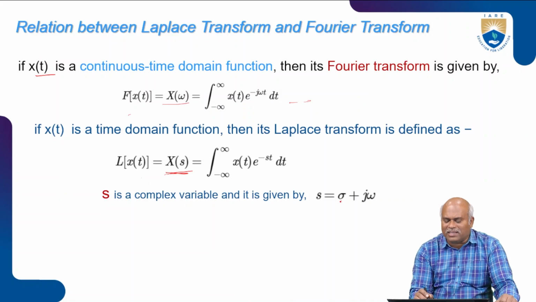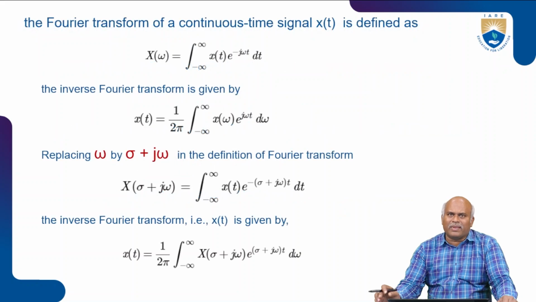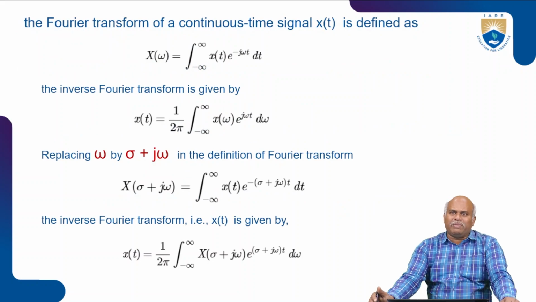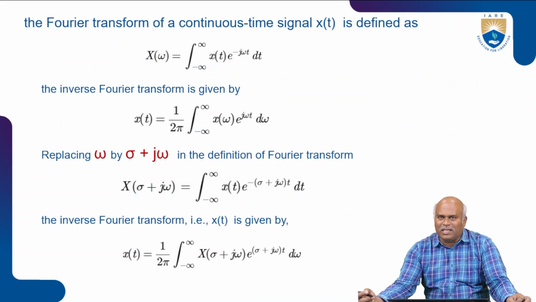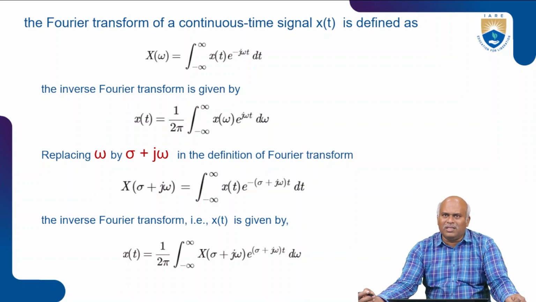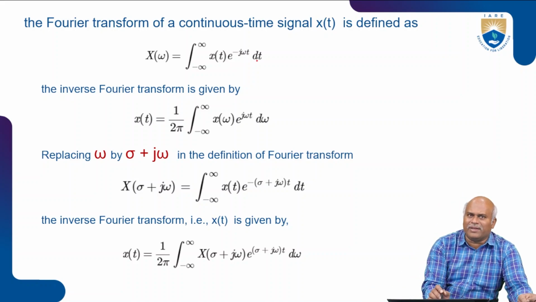Sigma we call the real part, and omega is the imaginary part of the complex variable s. Now the Fourier transform of a continuous signal x of t I can write as the spectrum X of omega, equal to the integration from minus infinity to plus infinity of x of t e power minus j omega t dt.